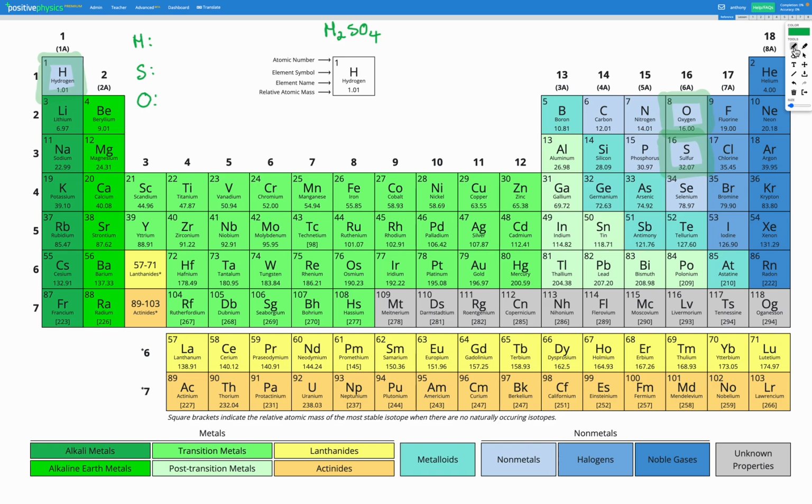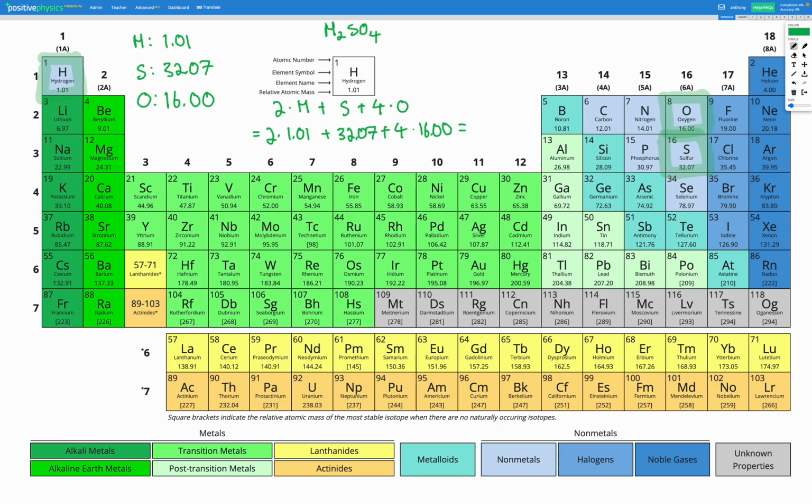For hydrogen, we have a relative atomic mass of 1.01. For sulfur, we have a relative atomic mass of 32.07. And for oxygen, we have a relative atomic mass of 16.00. So for H2SO4, we've got two H's plus an S plus four oxygens. So if we put on numbers, we've got two sets of 1.01 for H, plus one sulfur, which is 32.07, plus four sets of oxygen, which is 16.00.